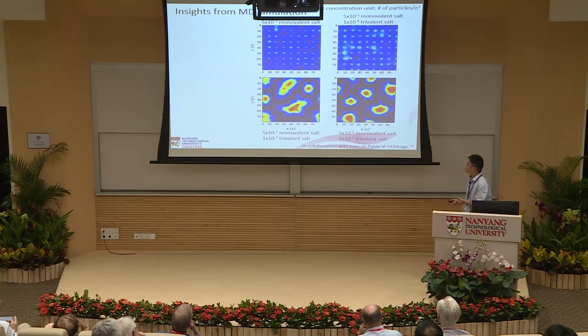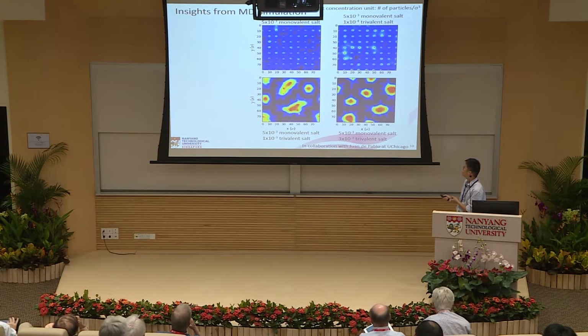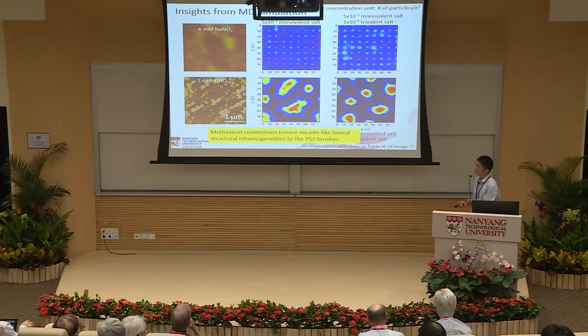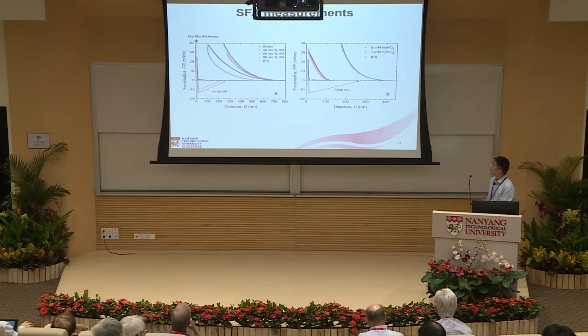With 1 times 10 to the minus 3 trivalent salt in the solution, where this concentration is in number of salt molecules per sigma cubed, and sigma is the segment length of the polyelectrolyte chain in our simulation, we have seen these micellar-like structures, which agrees with our AFM measurements really well.